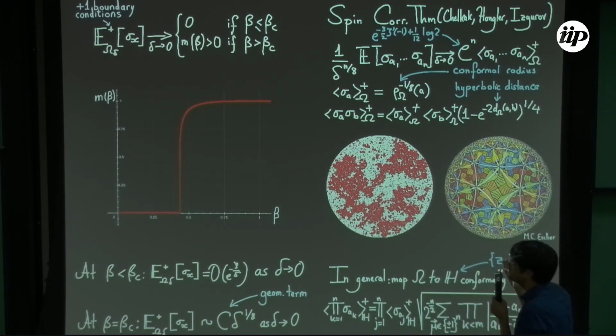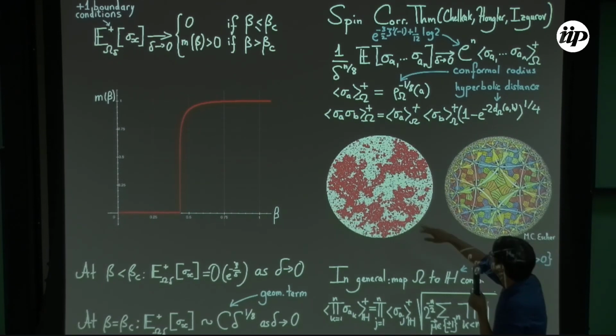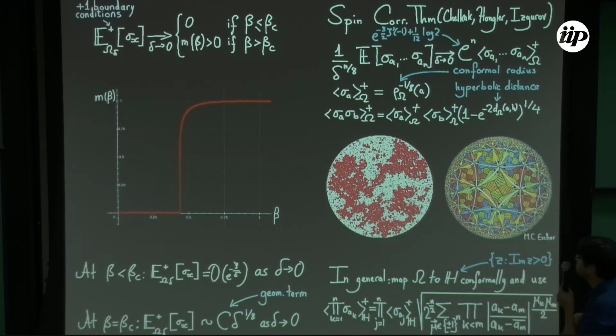It can be given in terms of a Riemann mapping to a disk. It's quite easy to visualize. In this picture of Escher for the disk, you can see the conformal radius is about the size of a fish at the point. Okay, that's the one-point function with plus boundary conditions.